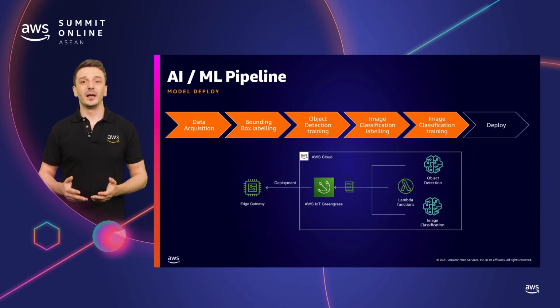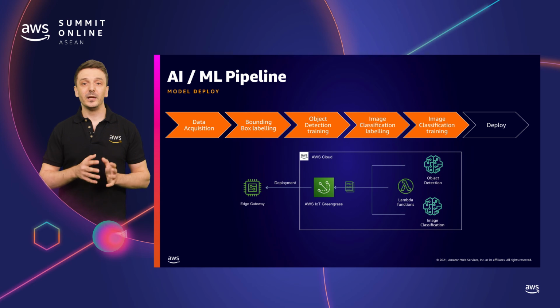After the training phase has been completed, we would have all the necessary information to actually deploy the models at the edge. The models are located in an Amazon S3 bucket and used by other services to perform the deployment. As the nature of this prototype required edge deployment, we have implemented that by using AWS IoT Greengrass.